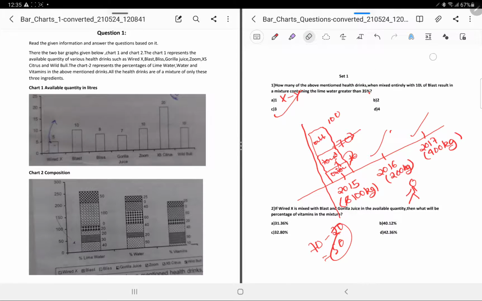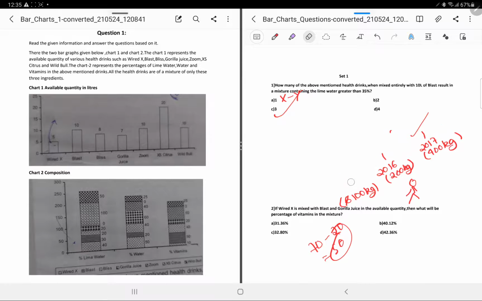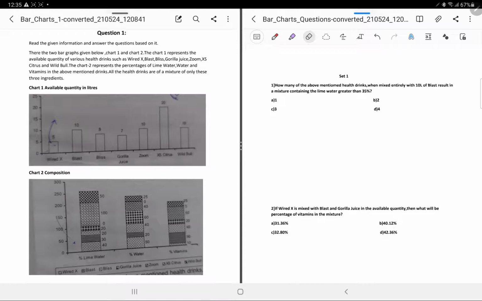Now let's try to understand. Now once we are clear with the types of graphs that we have, let's try to get what are the common types of questions that one can have over the bar chart. Very simple. The first type of question could be the relation graph.